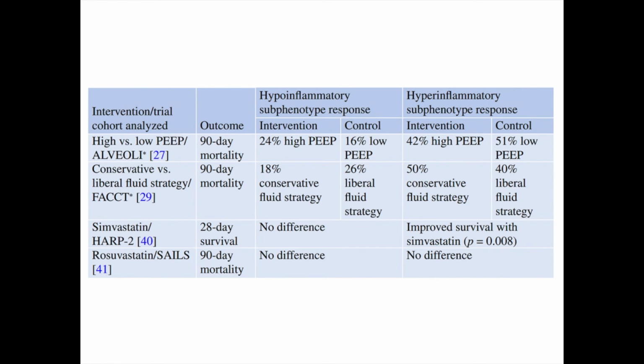As we have already seen, a higher PEEP has better outcome in hyperinflammatory ARDS compared to hypoinflammatory, and conservative fluid management therapy has a better outcome in hypoinflammatory ARDS compared to hyperinflammatory. Simvastatin and rosuvastatin have been used to decrease the inflammation, and mortality benefit with simvastatin has been seen in hyperinflammatory ARDS, while no benefit was seen with rosuvastatin.